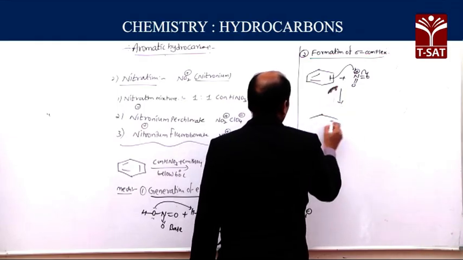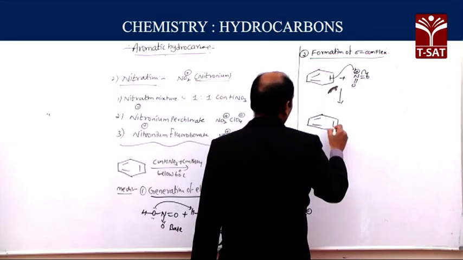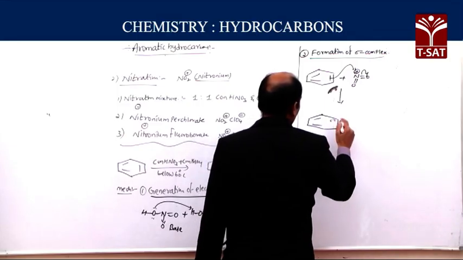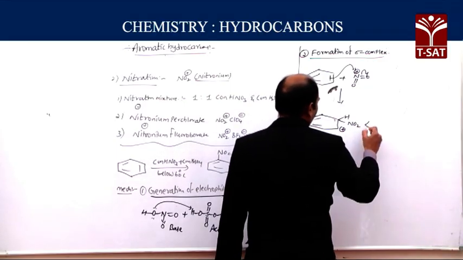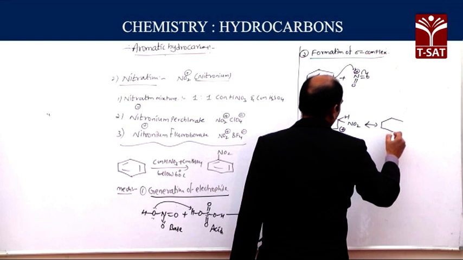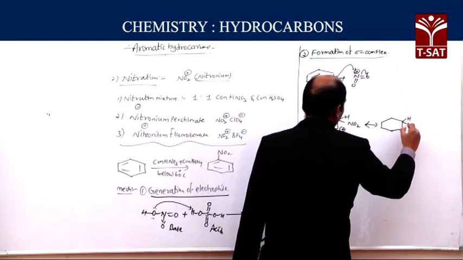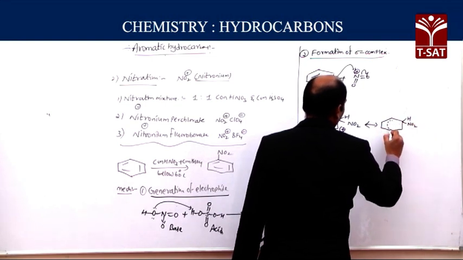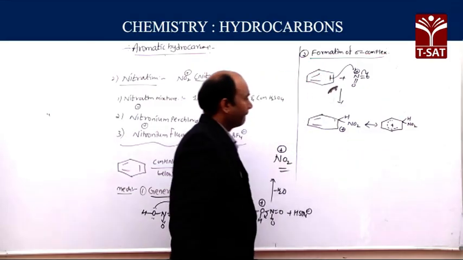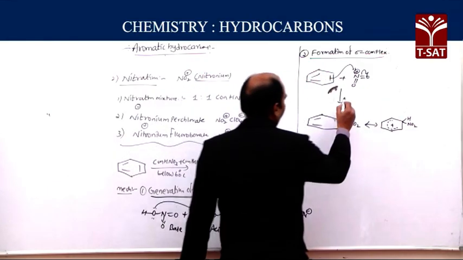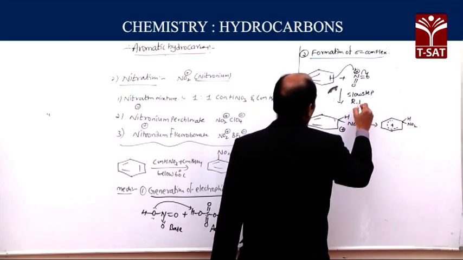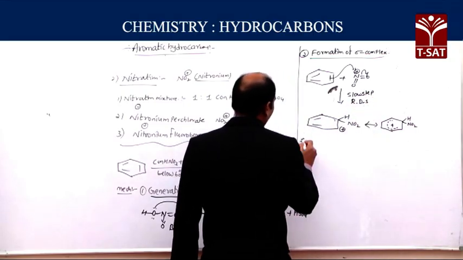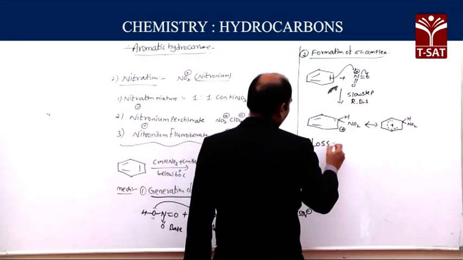Here we get H and NO2 with a positive charge, stabilized by delocalization of pi electrons. Generally it is a slow step, the rate determining step.